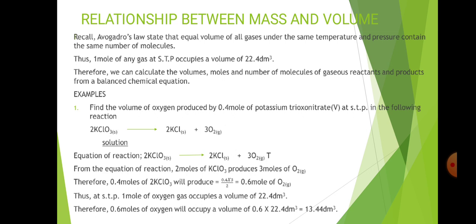Therefore, 0.6 mole of oxygen will occupy 0.6 times 22.4 dm3, which is 13.44 dm3. That means the volume of oxygen produced by 0.4 mole of potassium trioxochlorate V is 13.44 dm3.